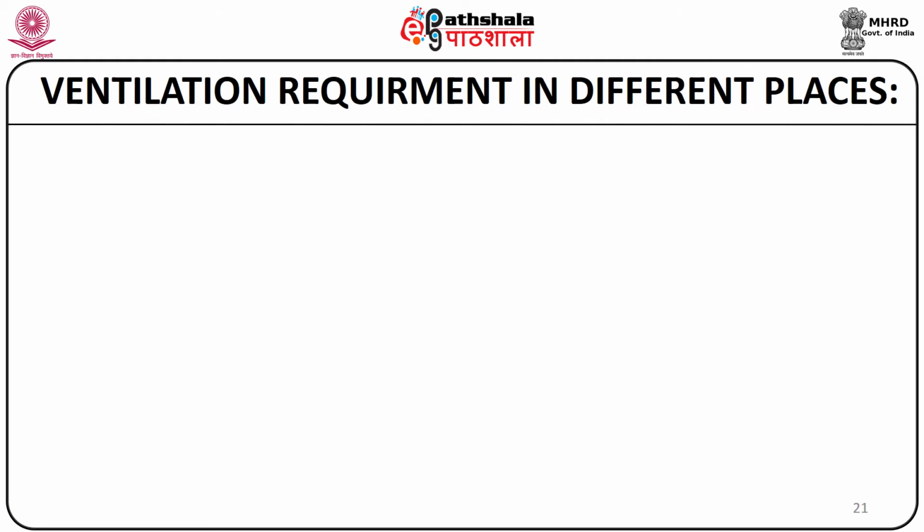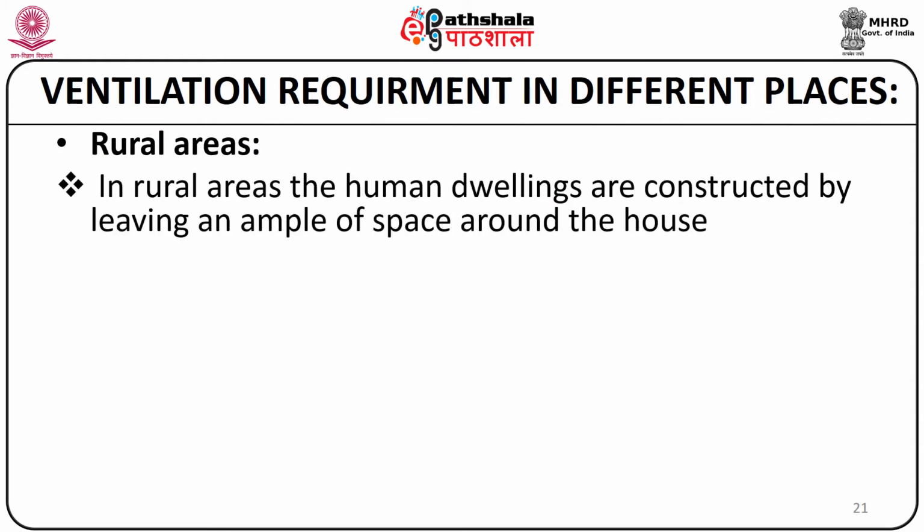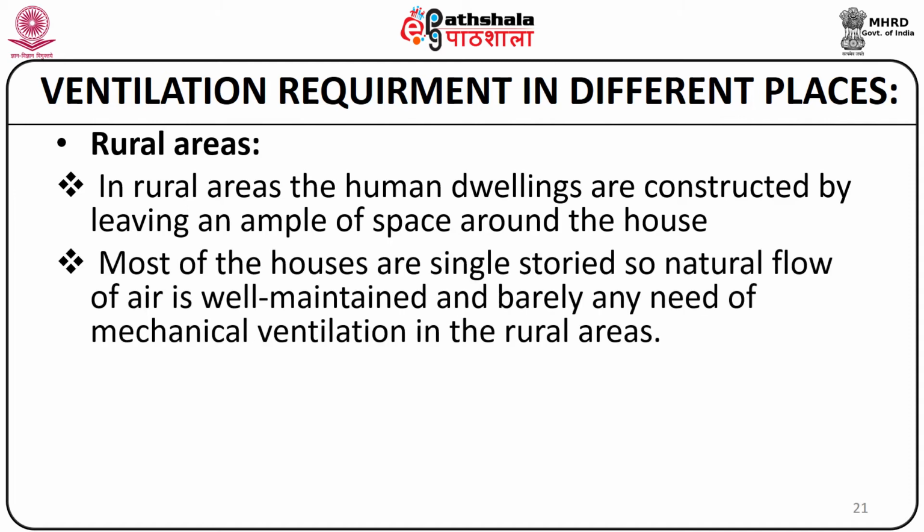Ventilation requirement in different places. Ventilation requirement varies according to, as I said, the human activity inside the room or inside the particular place that sets the standards for ventilation requirement. In rural areas, the human dwellings are constructed by leaving ample space around the house. The constructed area should not be more than 1/3 of the total area.